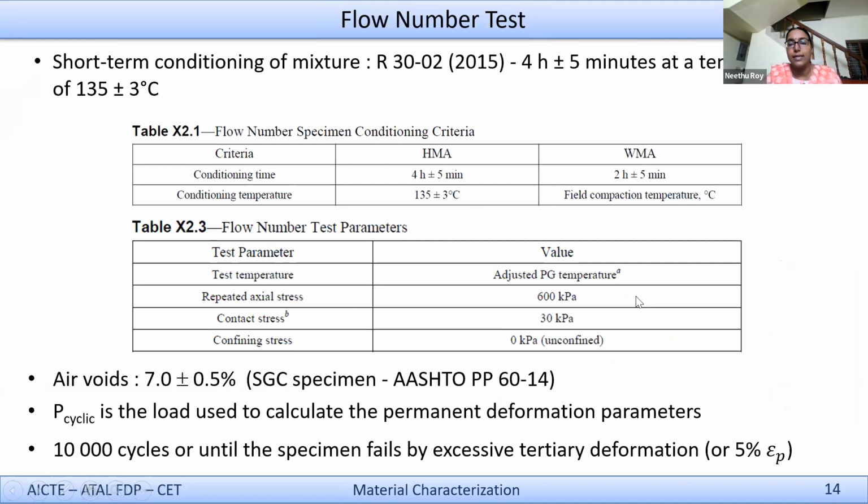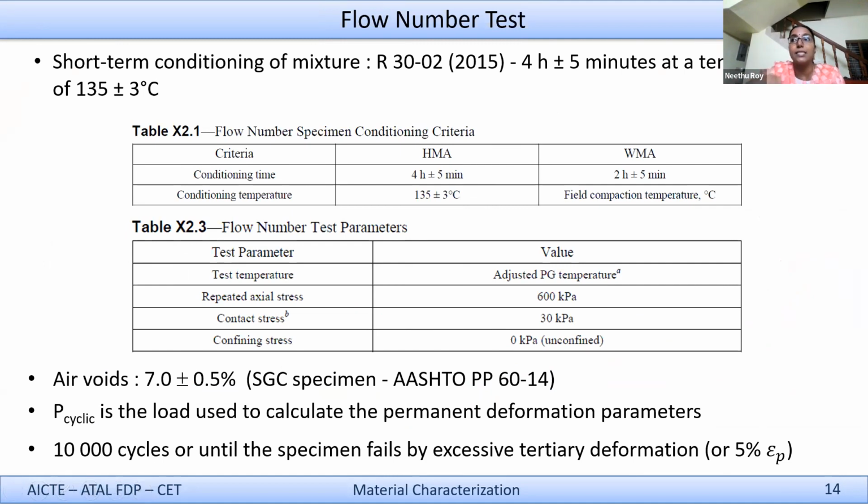Again, what are the test conditions? The ASTM standard tells you how to prepare the sample and what the test conditions are. Essentially, the mix has to be made and it has to be conditioned. In the flow number test also, you have to condition the mix. A short-term conditioning as per R30 has to be done, 4 hours at 135 degrees.